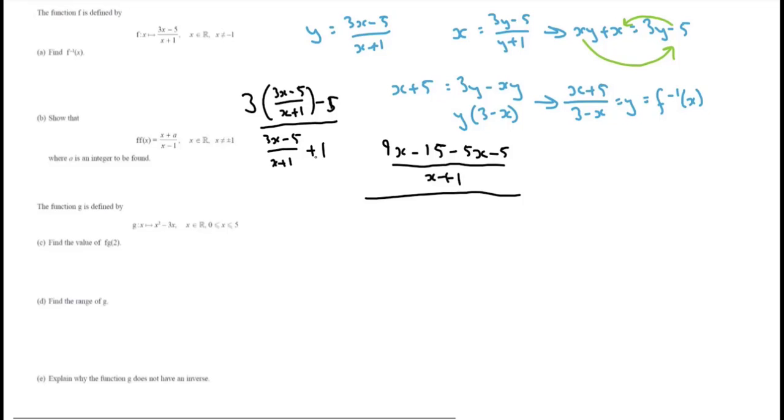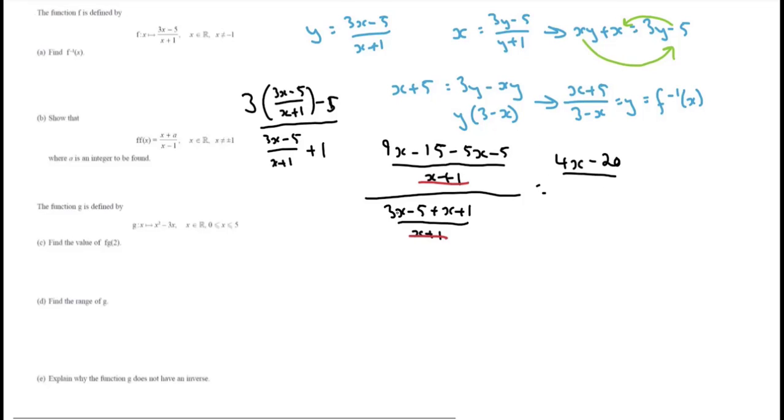Again, to make them the same fraction, you'd need to turn the 1 into something over x plus 1. Well, that would just be x plus 1 over x plus 1. So 3x minus 5 plus x plus 1, over x plus 1. We now have a fraction over a fraction. Because these are over the same denominators, we can basically just ignore them, leaving us, and also simplifying as we go, 9x minus 5x is 4x, and minus 15 minus 5 is minus 20.